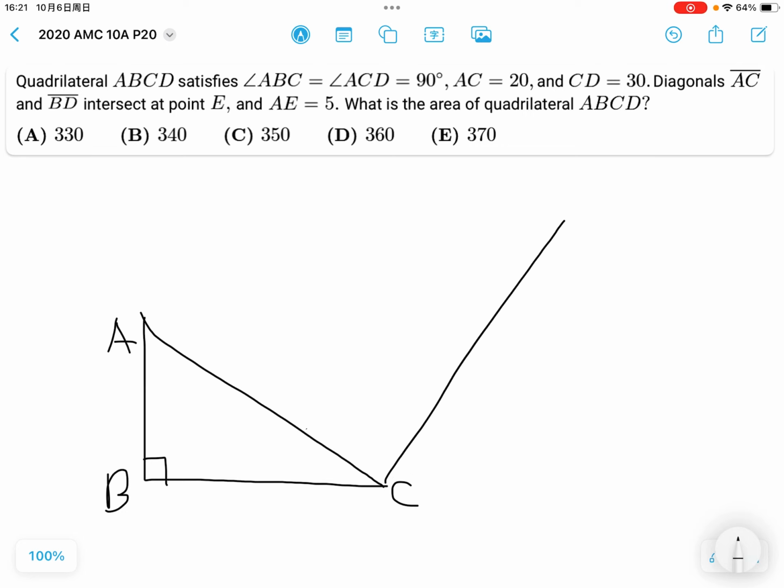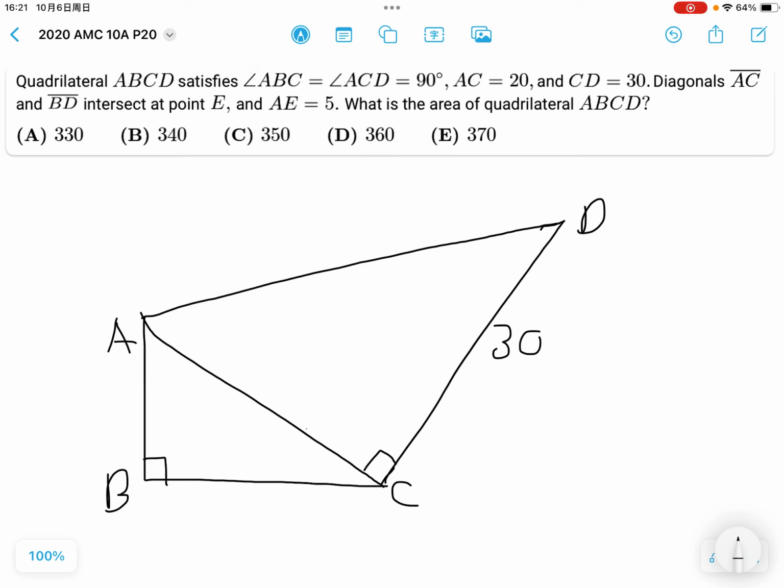So something like this. And this is D. So CD is 30. And we connect AD to get the entire quadrilateral.